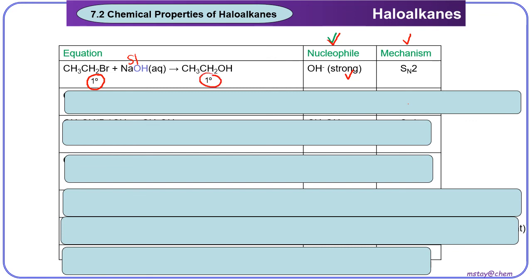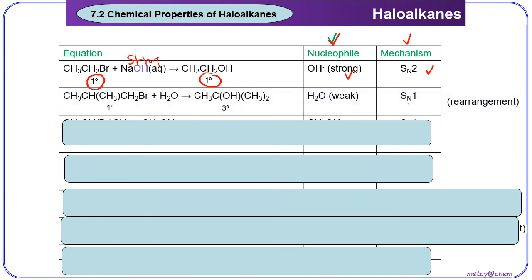So primary with strong nucleophile means that it will undergo Sn2. Next one, primary haloalkane, and then with water, which is the weak nucleophile, and then forms tertiary alcohol. So from primary to tertiary, we know that rearrangement occurs, so Sn1 is carried out.